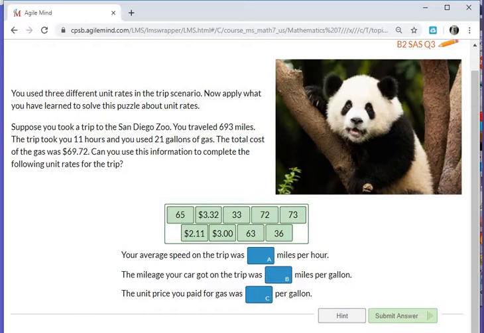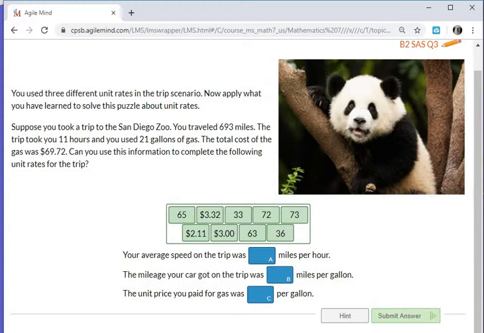You traveled 693 miles. The trip took you 11 hours, and you used 21 gallons of gas. The total cost of gas was $69.72. You can use this information to complete the following unit rates for the trip. Okay, so it asks you 3 different questions.